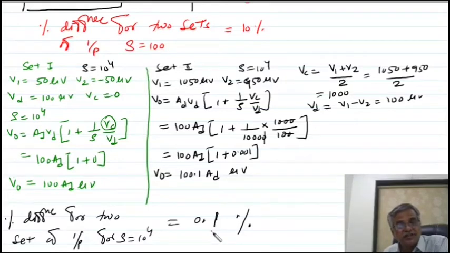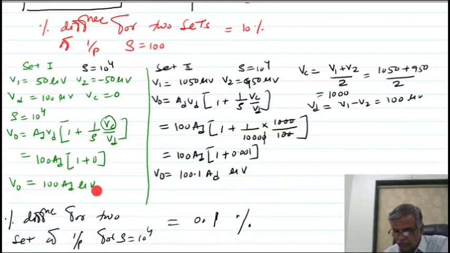If the op-amp has a very large value of CMRR, then for any set of the input voltage, error voltage is reduced, or you can say error voltage will be minimum. So this numerical shows that if rho is large, then the percentage difference for two different sets of the input is very less.